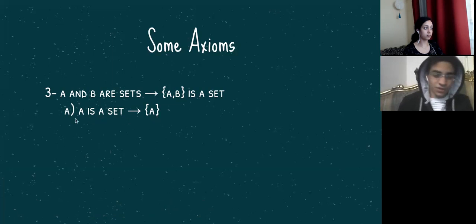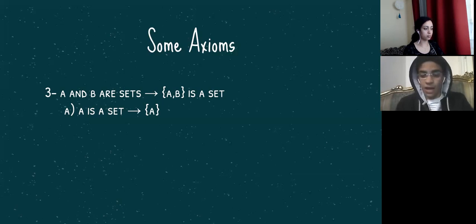You can already notice that the existence of one set already guarantees the existence of many other sets. That's the whole point behind axiomatic set theory: you start with just a set or two sets, and based on these sets, you start building the whole system. We'll use this fact a lot while building the natural numbers and many things in more advanced parts of set theory.